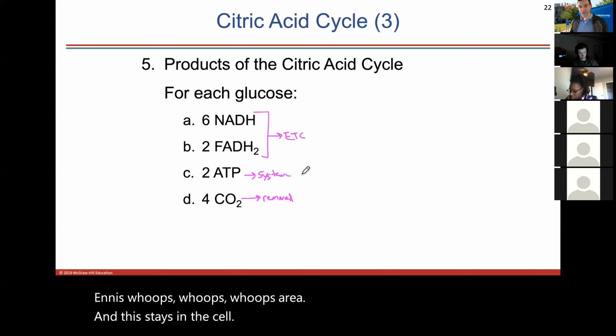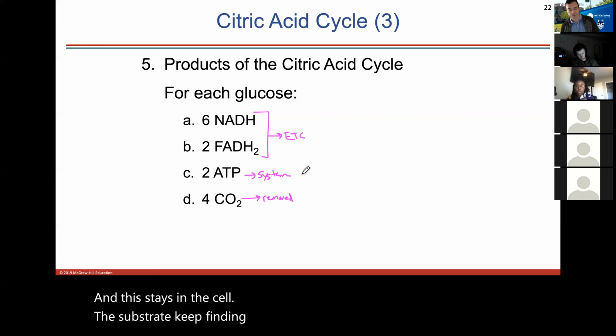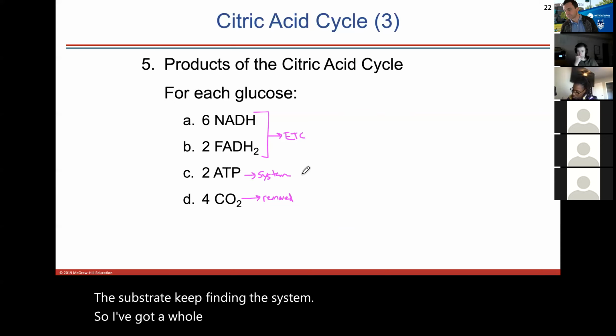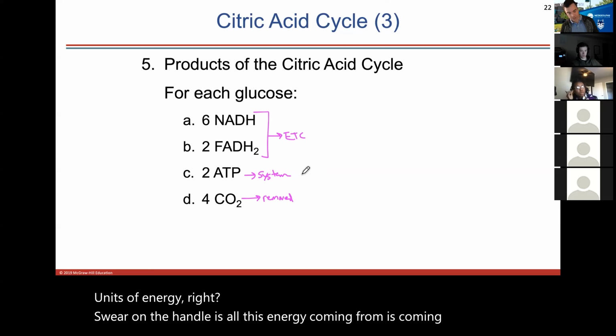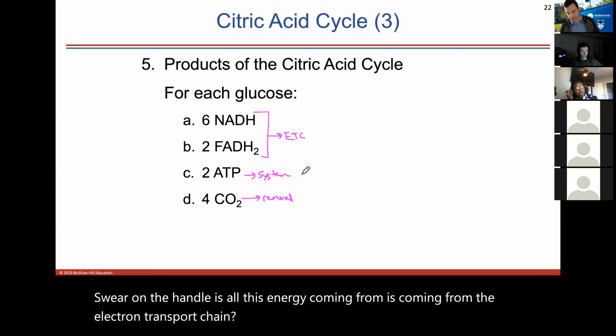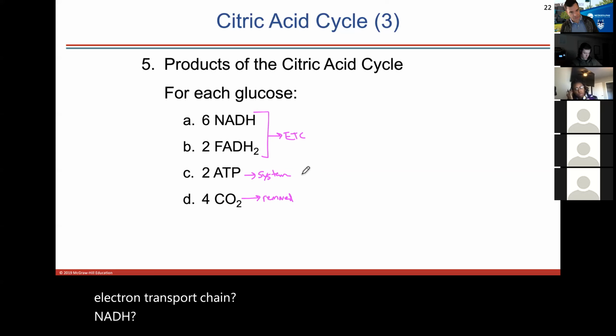This helps to keep funding the system. So I've got a whole whopping 4 ATP now? It's not a whole heck of a lot of units of energy, right? So where in the hell is all this energy coming from? It's coming from the electron transport chain, NADH and FADH2.